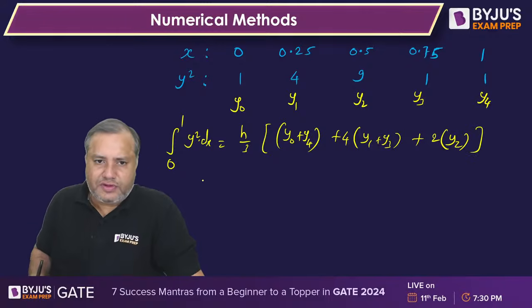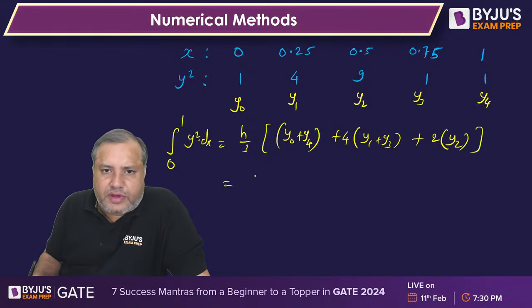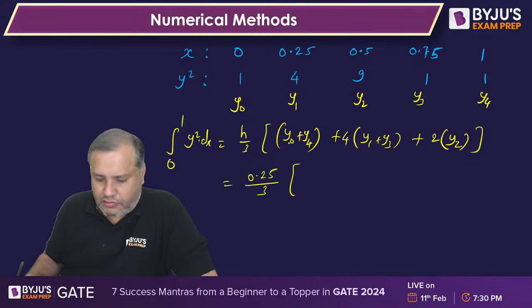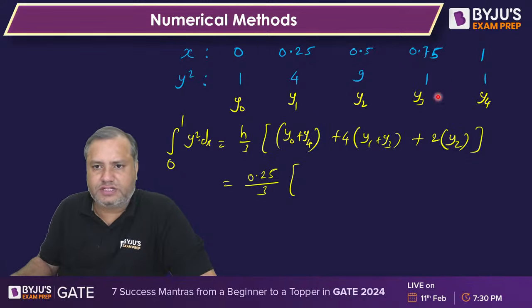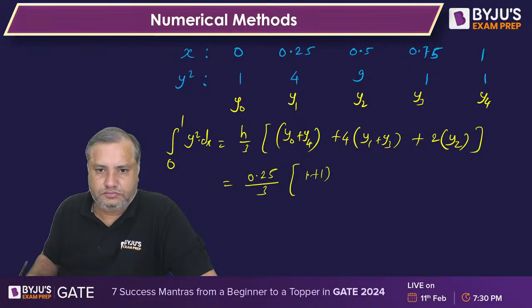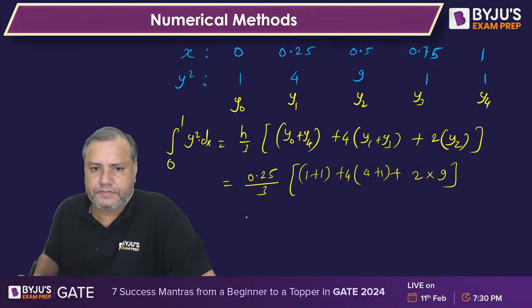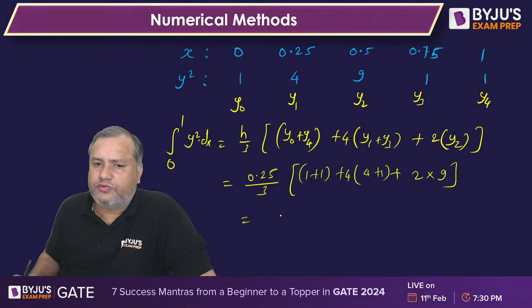So I have to put the values here. H is 0.25, step size is 0.25. y0 plus y4, 1 plus 1, plus 4 times y1 plus y3, plus 2 times y2, y2 is 9. This is 0.25, so 1 by 4.